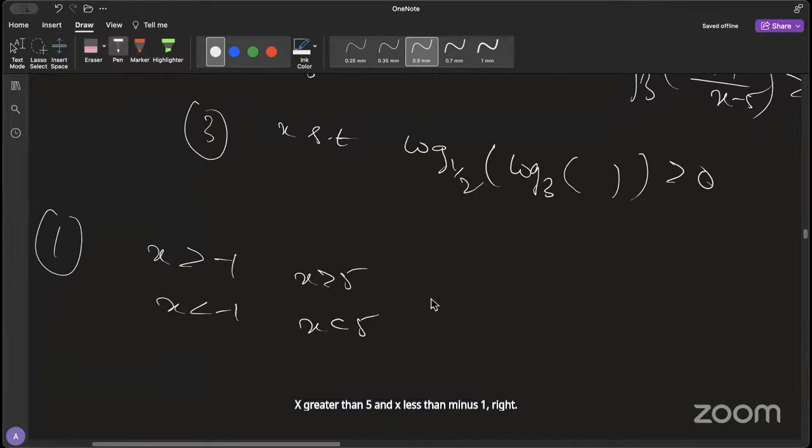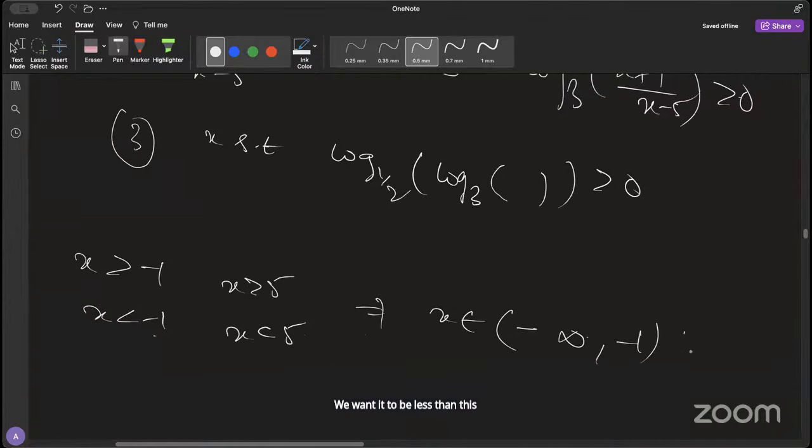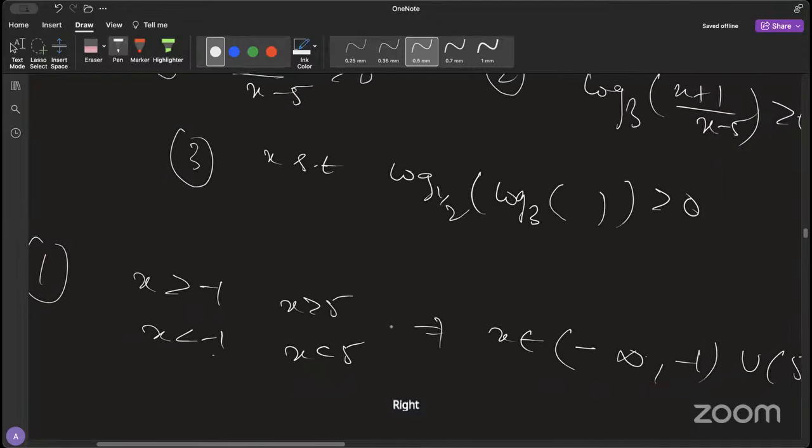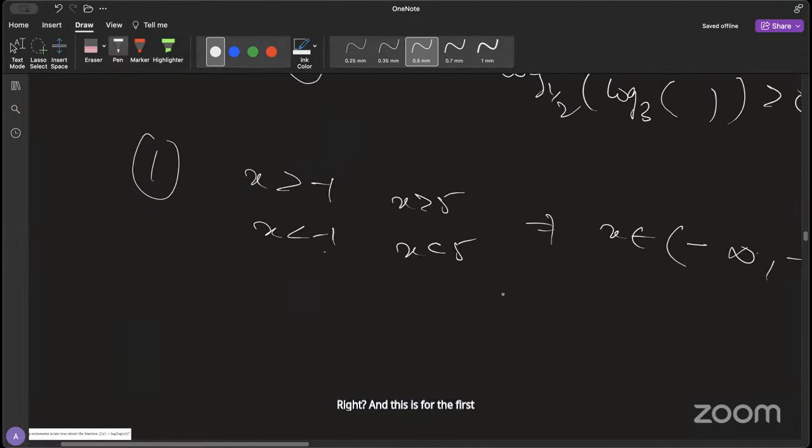So x belongs to minus infinity to minus 1, union 5 to infinity. And this is for the first condition.